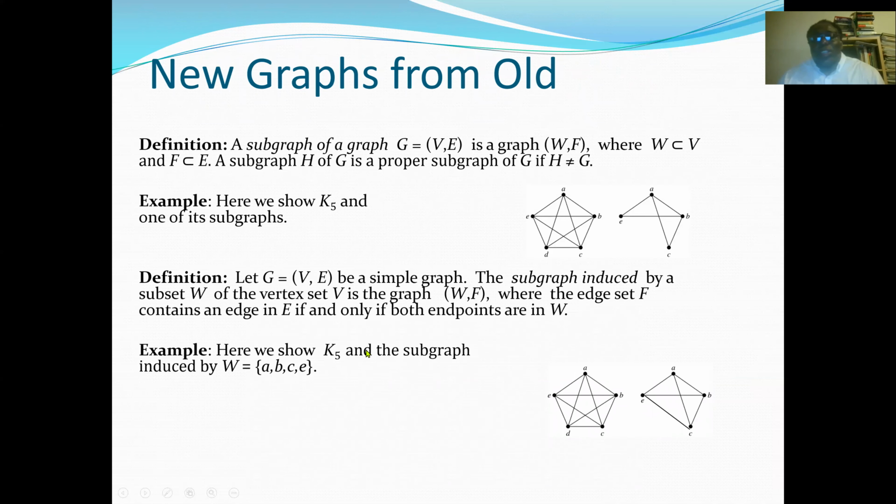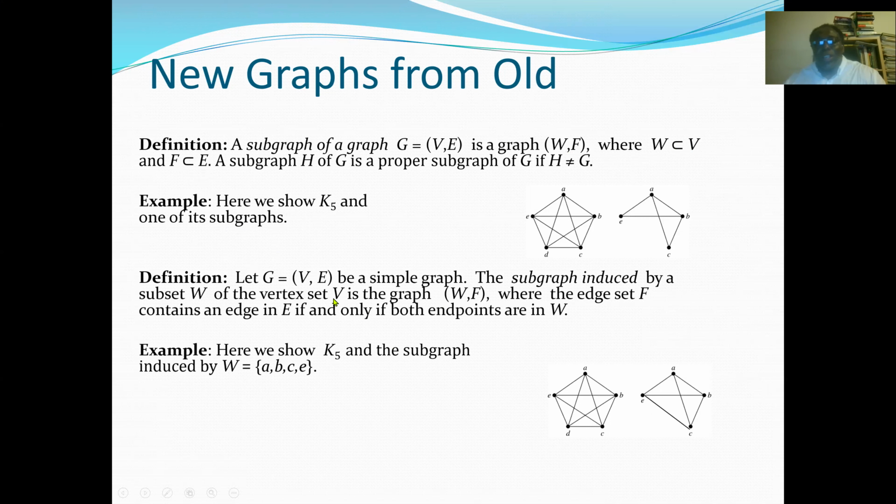The definition here says a subgraph of a graph G = (V, E) is a graph (W, F) where W belongs to V and F belongs to E. For example, here we show K5 and one of its subgraphs.